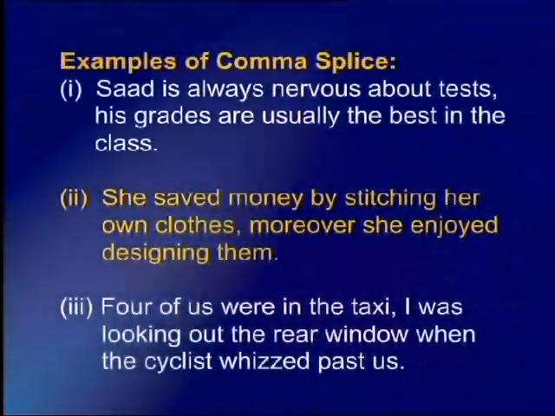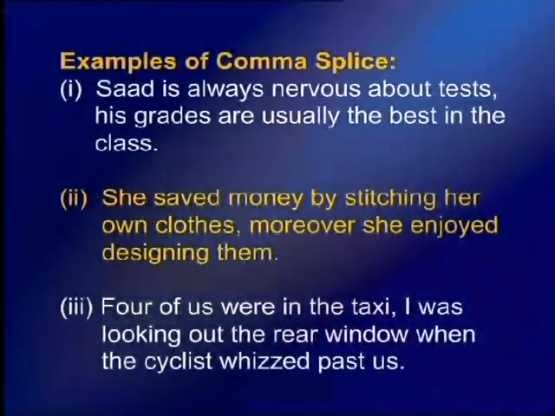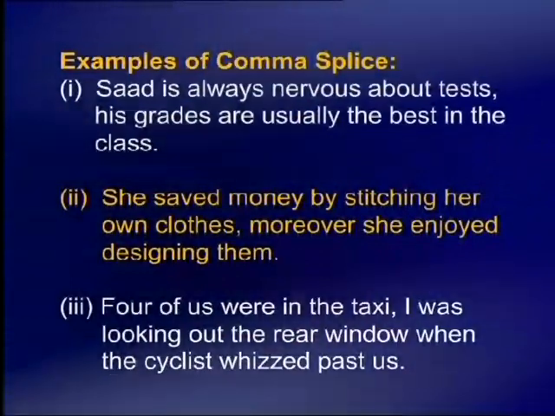The second type of sentence error results from an attempt to use a comma to join two complete thoughts. In other words, two complete thoughts are incorrectly joined or spliced together with only a comma. I'll give you three examples. The first example, listen to this sentence: Saad is always nervous about tests, comma, his grades are usually the best in the class.